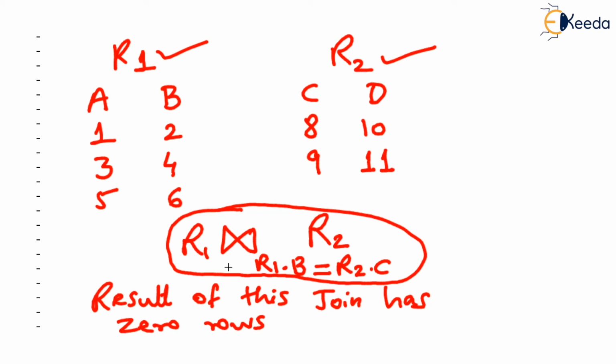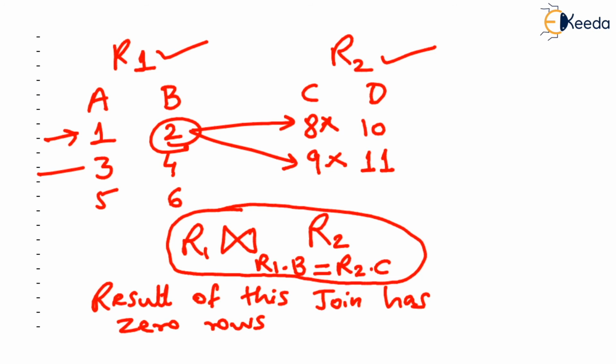Now you watch, when 1, 2 will be joined with 8, 10, and 9, 11, this R1.B does not match with any of the values of C. So no result. Again, when 3, 4 is joined with 8, 10, and 9, 11, this 4, that is value of B, does not match with any of the values of C. And the same thing happens with 5, 6.